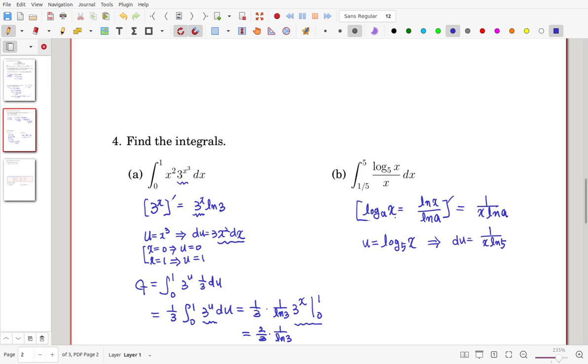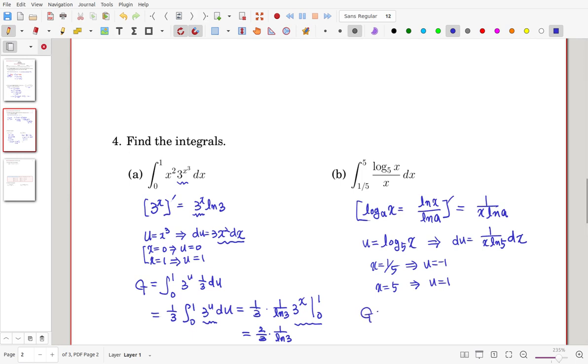We already know its derivative. And when x is 1/5, then u is -1. Now when x is 5, then u is 1.